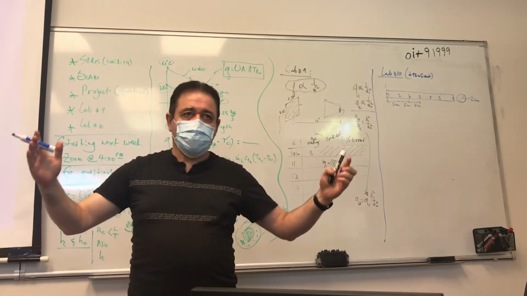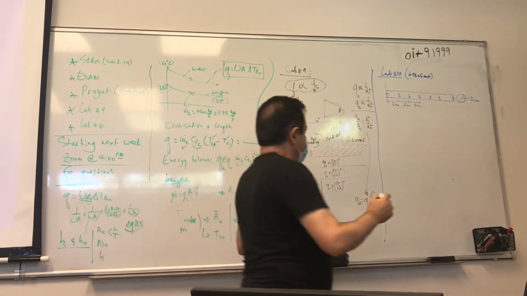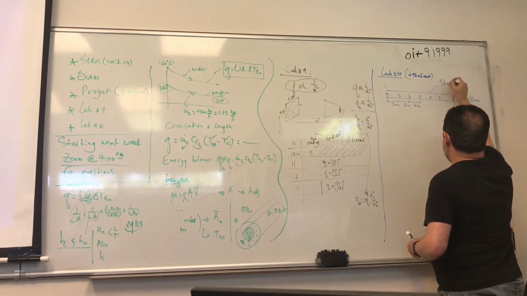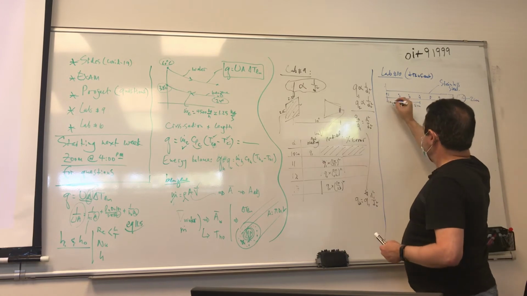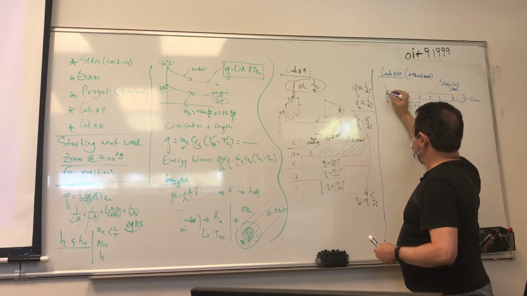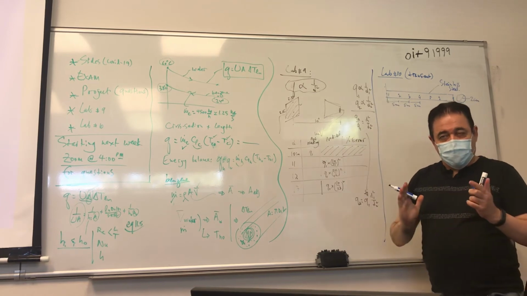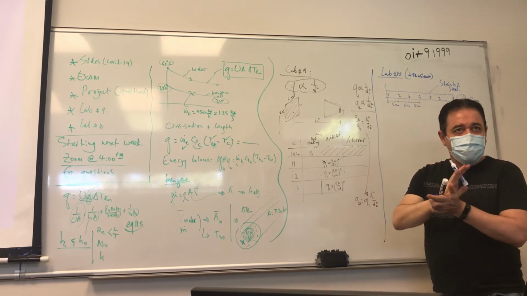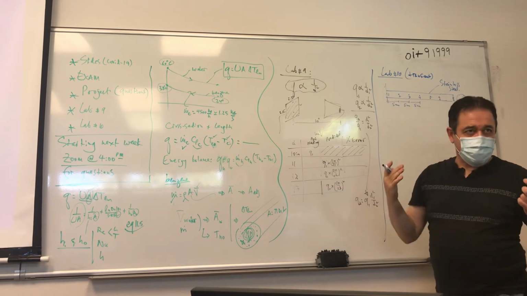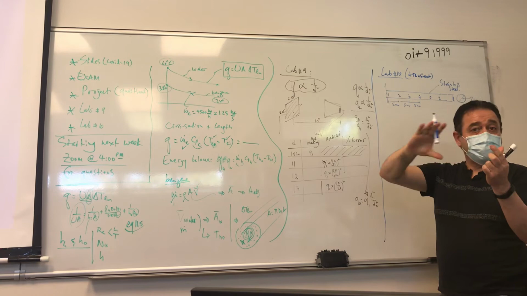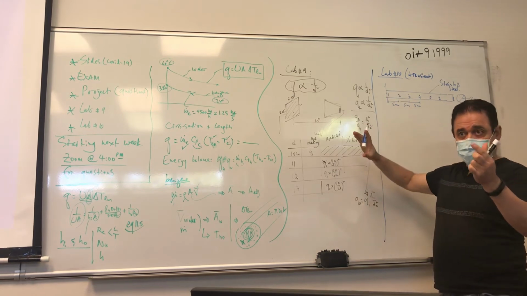This is, by the way, stainless steel. What we want to do is bring the temperature at node number 1, the base of the fin, to a high temperature. How are we going to do that? And maintain that temperature, and then see how the temperature moves across the fin.